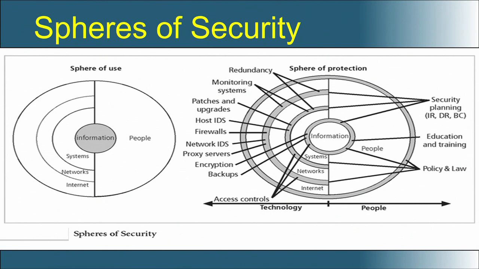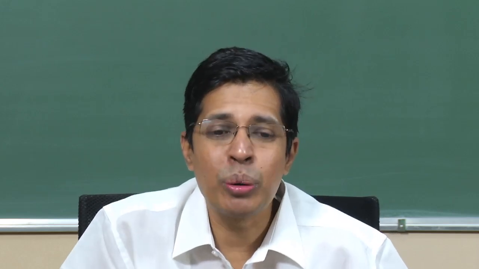So, when I am arriving at a security policy, I should look at each one of these boundaries in great detail. For example, for the internet and the external world, you have network intrusion detection system, proxy servers, encryption, backup, so many things, and a lot of redundancy, patches, upgrades, host IDS.